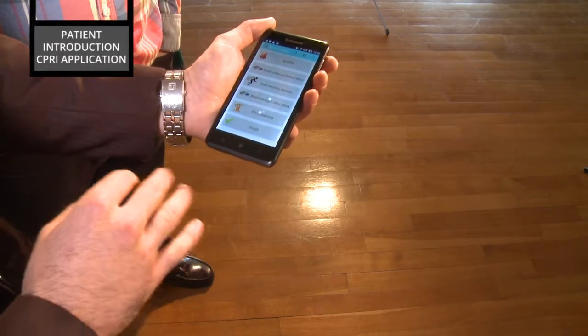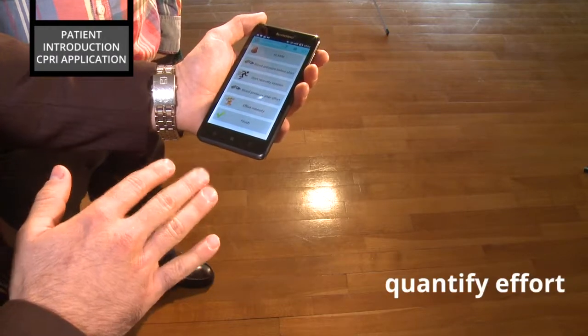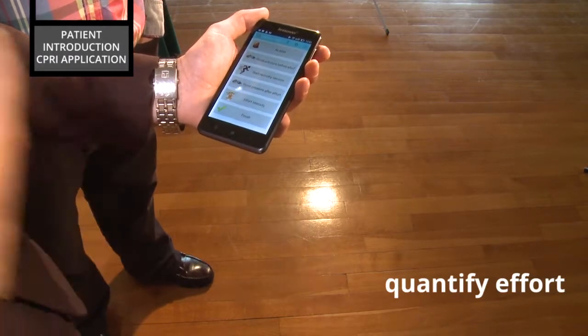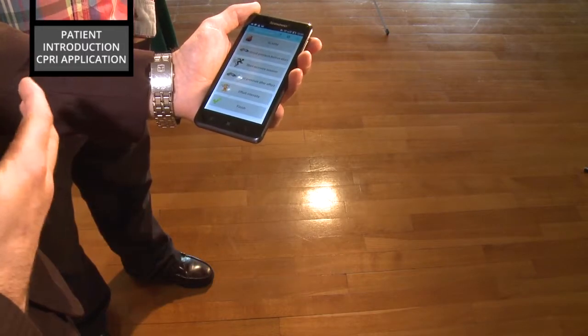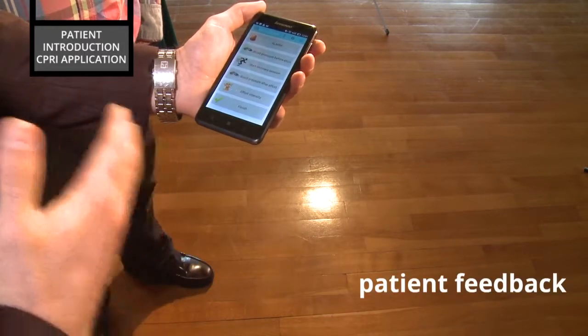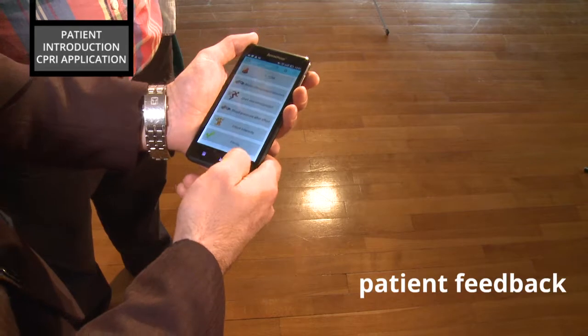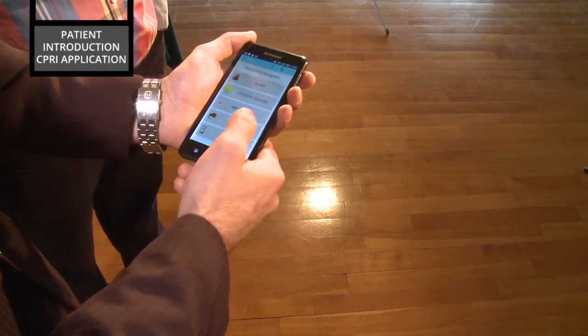Afterwards, every patient will have to quantify how he felt the effort, whether it was very intense, hard, or easy, so we know exactly how he is going, whether in the right direction or the bad direction.